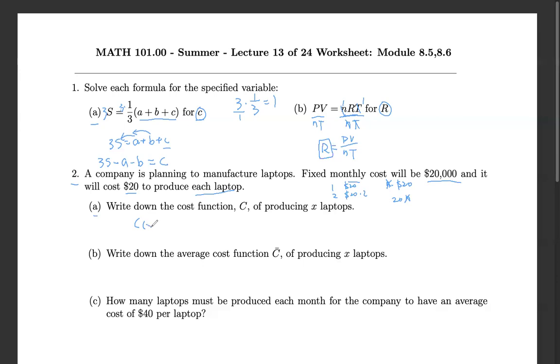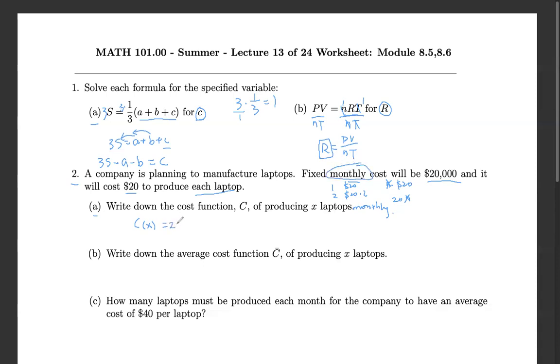So C of X, similarly to what we talked about in class, f of X, function of X. In this case, we use C to indicate the cost function. So C of X equals, and this is monthly. Let's add monthly here. It's not yearly, not weekly, it's monthly, because we have this monthly.